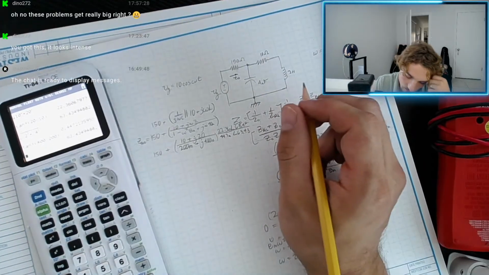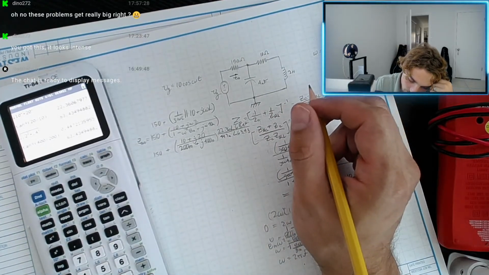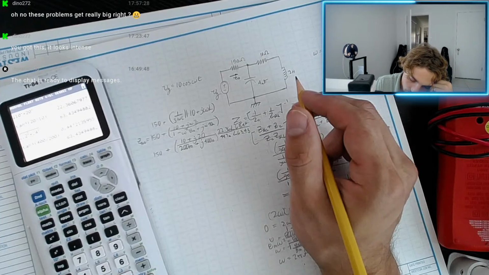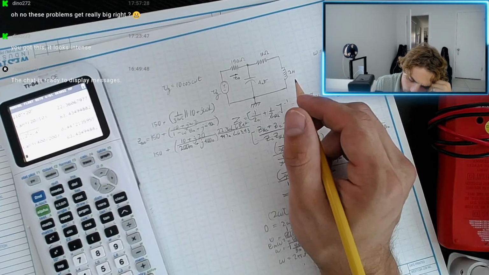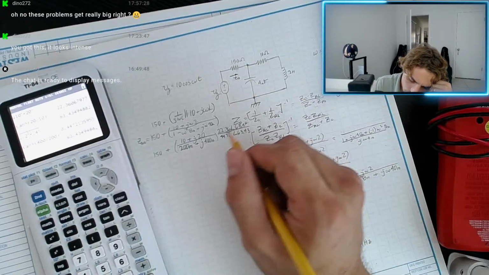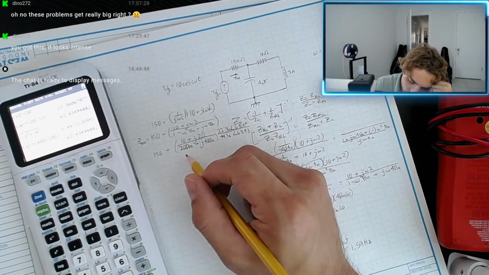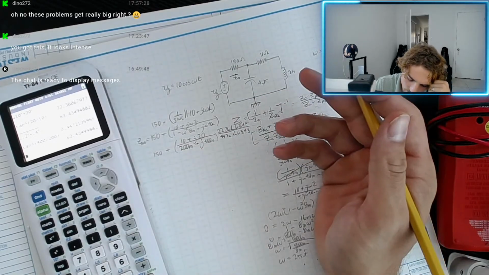Really? Same exact angle, huh? 20 to 10, 400 to 200. Yeah, it's a half.